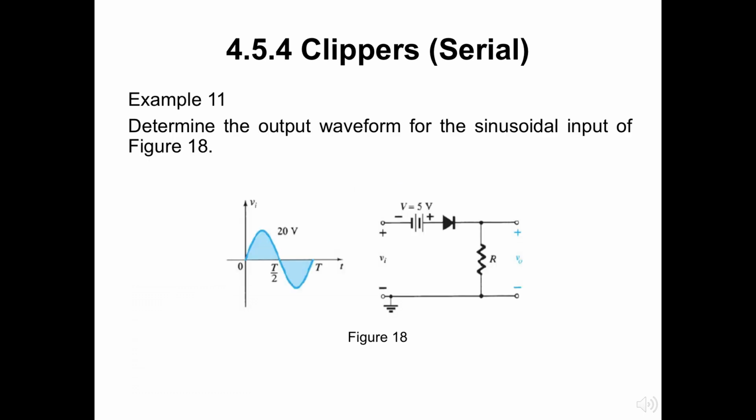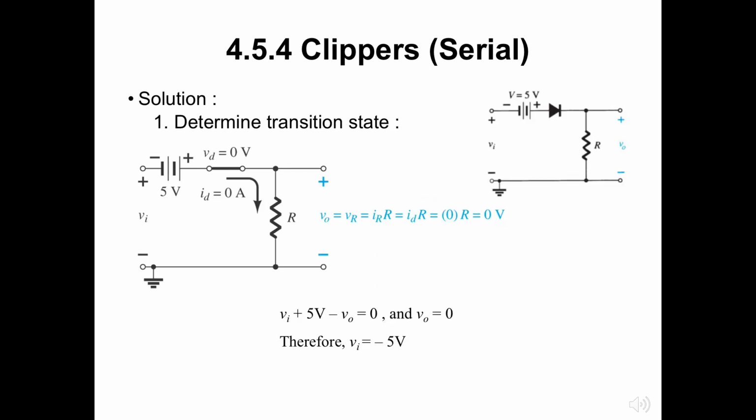Example 11. Determine the output waveform for the sinusoidal input of figure 18. The transition model is substituted in figure on the left, and we find that the transition from one state to the other will occur when Vi equals -5 volts.